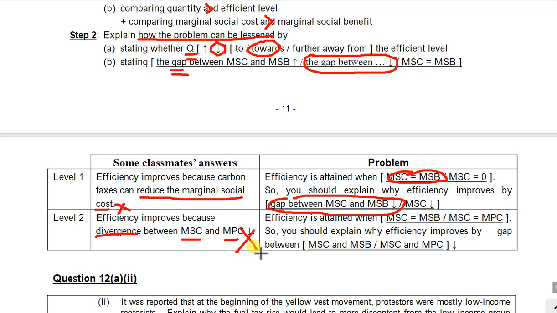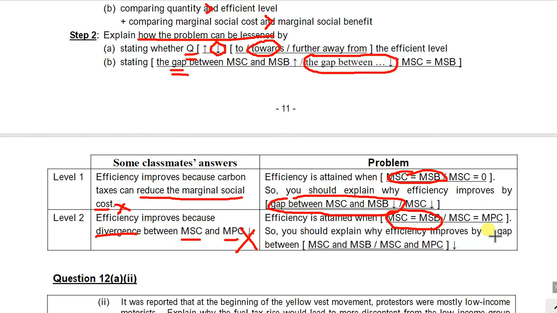We are actually having this as the condition of the efficiency, right? We are not having social cost equals private cost, because if we also have external benefit, even if social cost is equal to private cost, the social cost may not be equal to social benefit, right? So the condition for efficiency is social cost equals social benefit rather than social cost equals private cost.